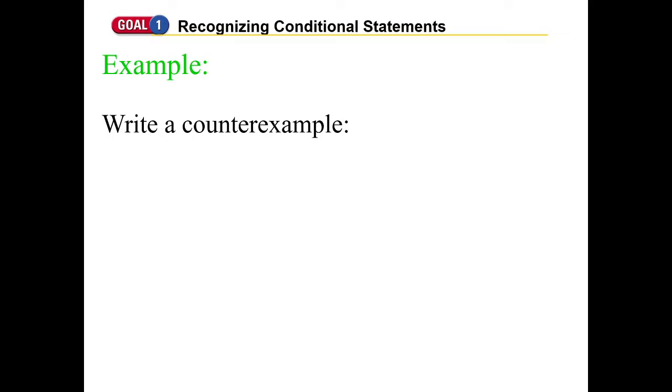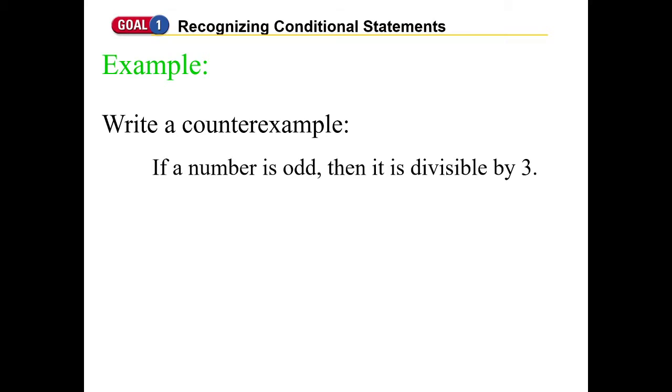Now let's have this example. Let's determine whether this is true or false. If a number is odd, then it is divisible by 3. Is this statement true or false? False. What makes this false? Just give me one example. 1. 1 is an odd number, and 1 is not divisible by 3. That is what you call a counterexample. Another example aside from 1?